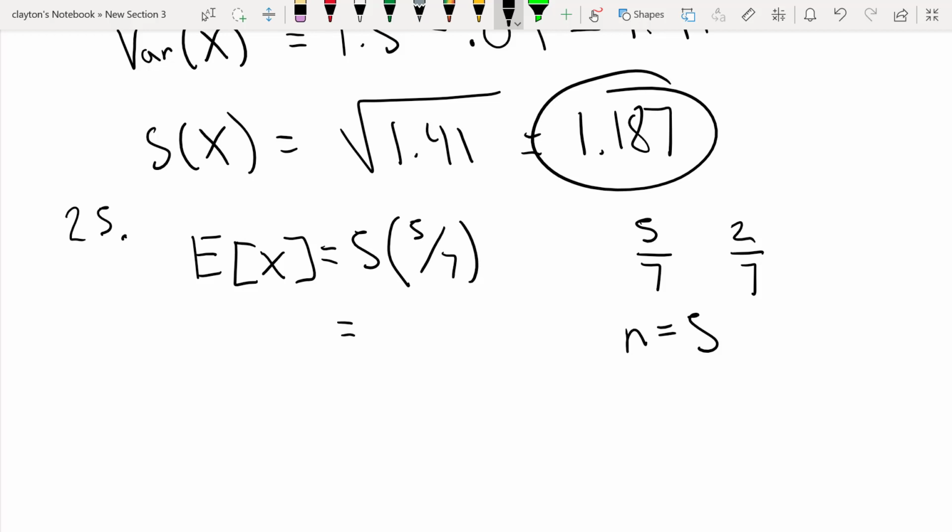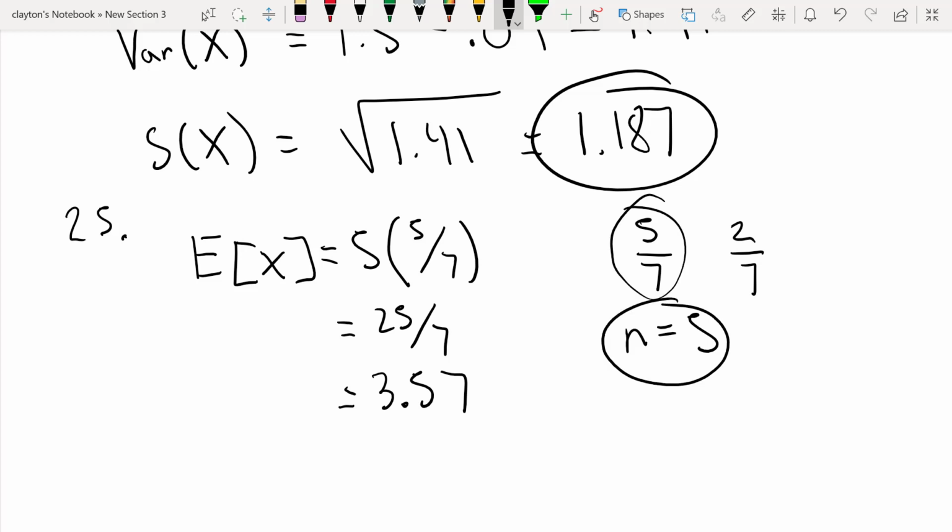And so in this case, we end up with 25 over 7, which is 3.57. Again, in the case that it's a binomial, red is a success, green is a failure. Success is 5/7. If I select 5 of them, I would expect that 5 times 5/7 will give me the expected value of how many red ones I have.